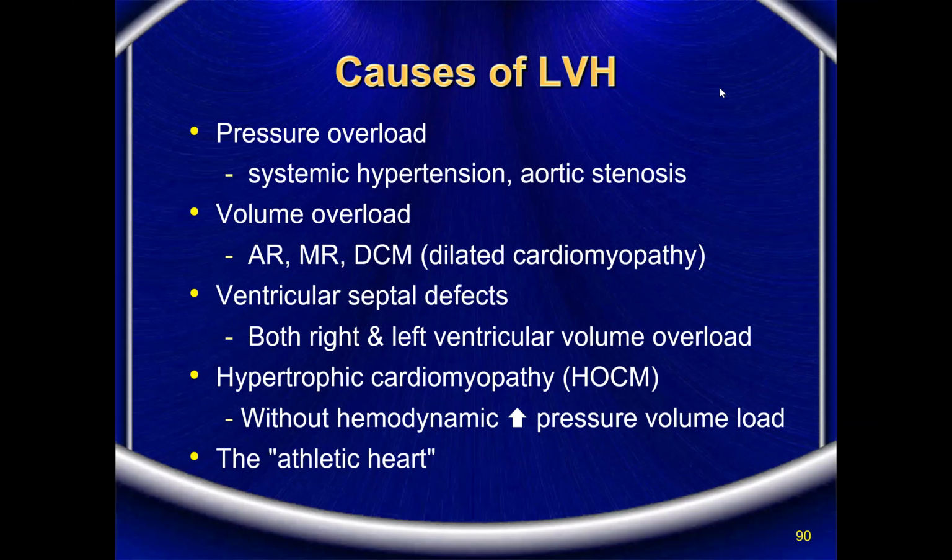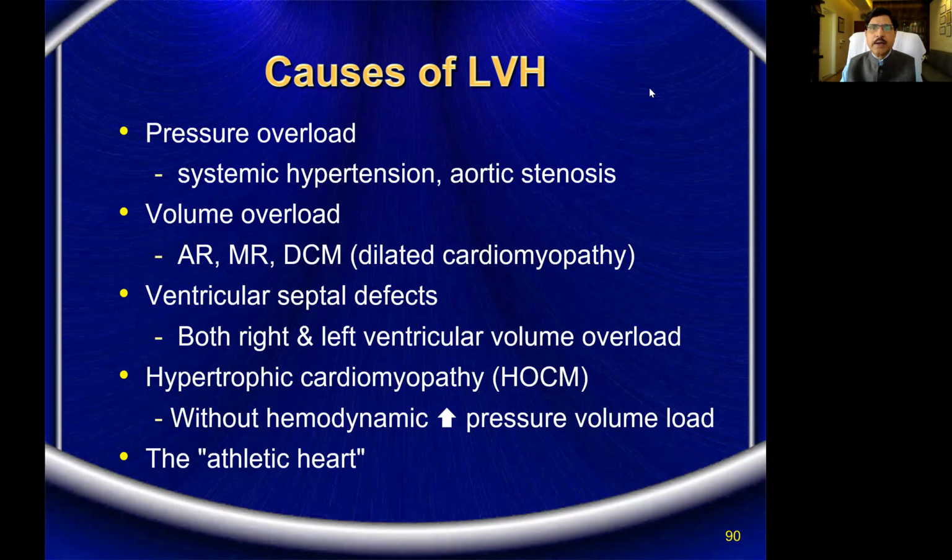Causes of LVH: pressure overload, systemic hypertension, aortic stenosis; volume overload, aortic regurgitation, and mitral regurgitation. Okay? And then dilated cardiomyopathy. Then ventricular septal defect, both right and left ventricular volume overload. Hypertrophic obstructive cardiomyopathy, there will be pressure overload.